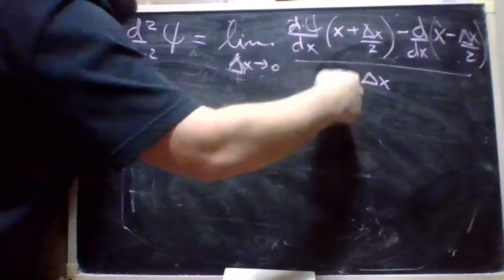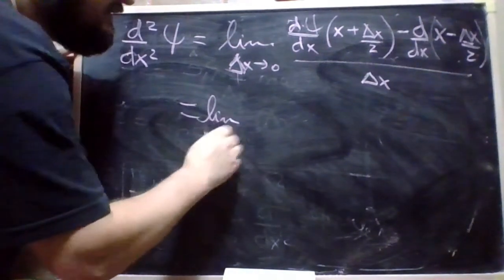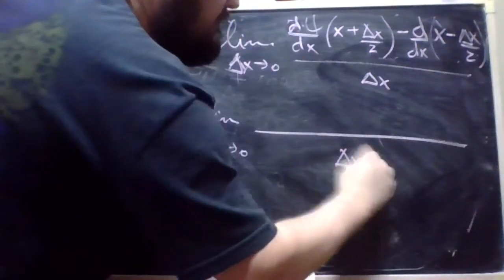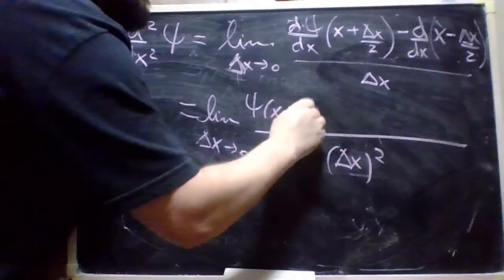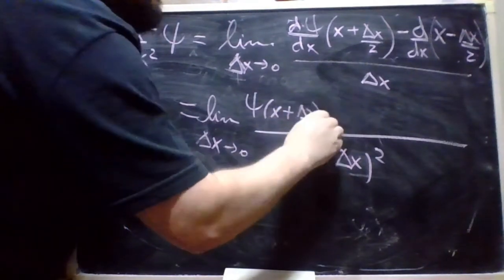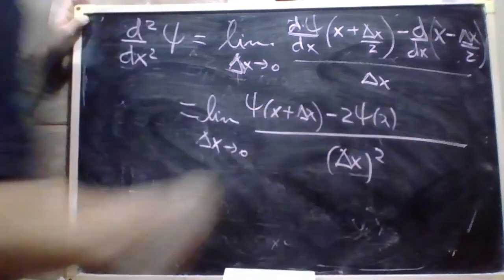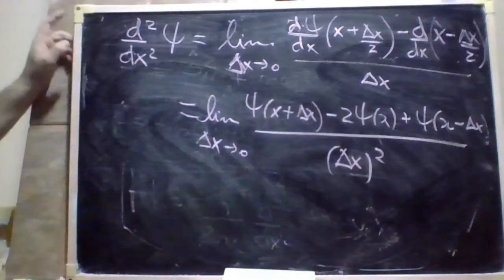So that's why in the limit you can show that you will have this kind of thing here: delta x squared, psi of x plus delta x minus twice the function evaluated at the point x plus the function evaluated one delta x previous to the point of interest.